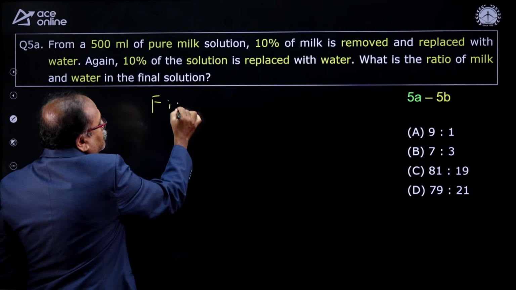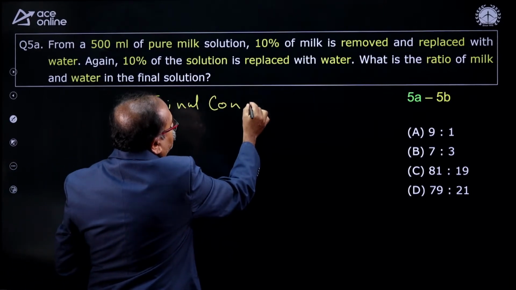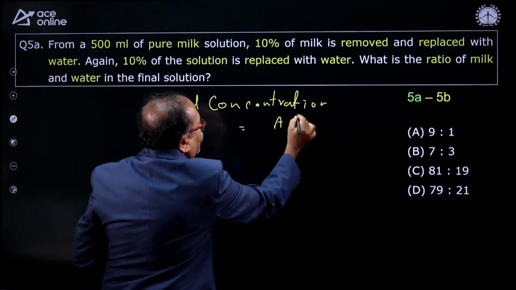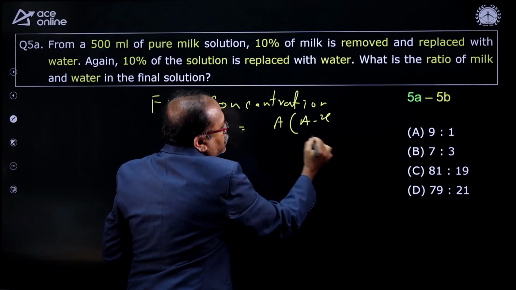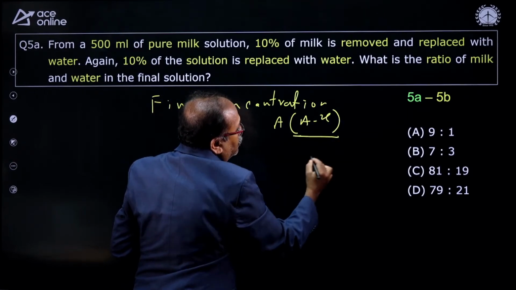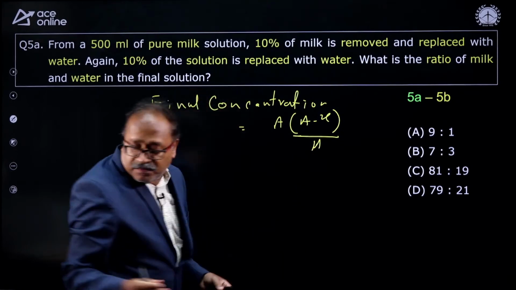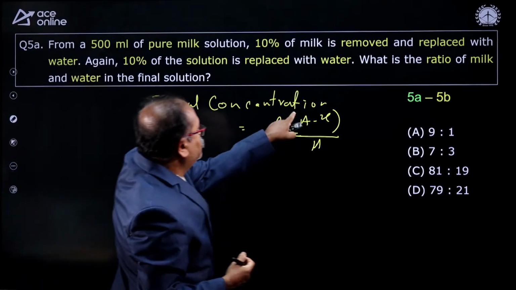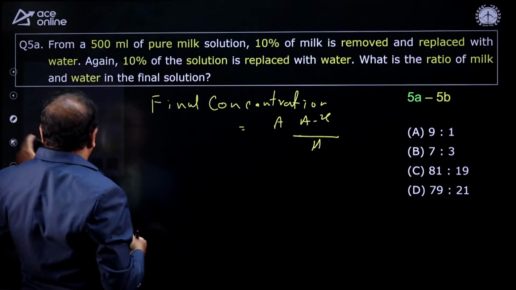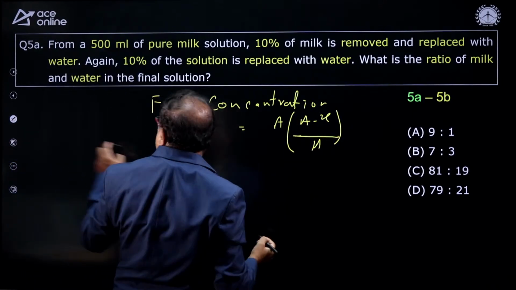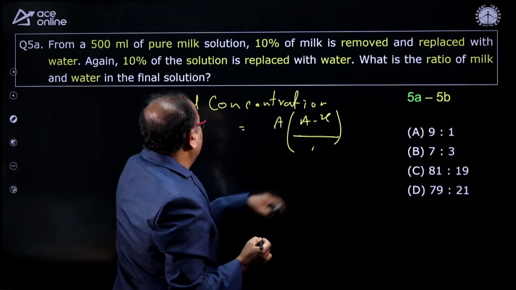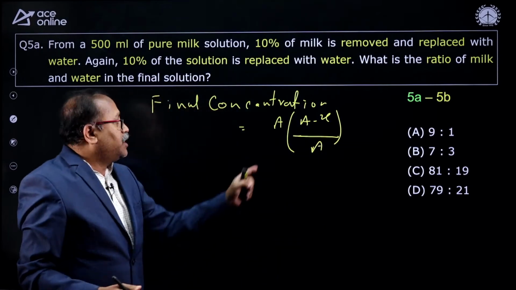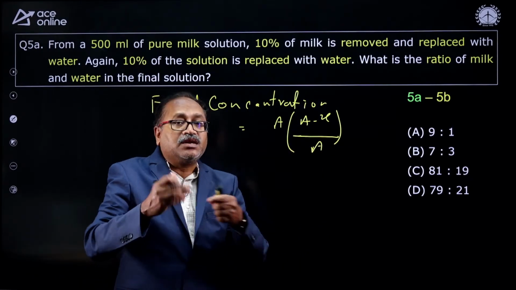The final concentration is equal to A into (A minus X) by A. So we can use this formula. Keep some formulas ready for yourself. Here A is the initial quantity and X is the quantity replaced.